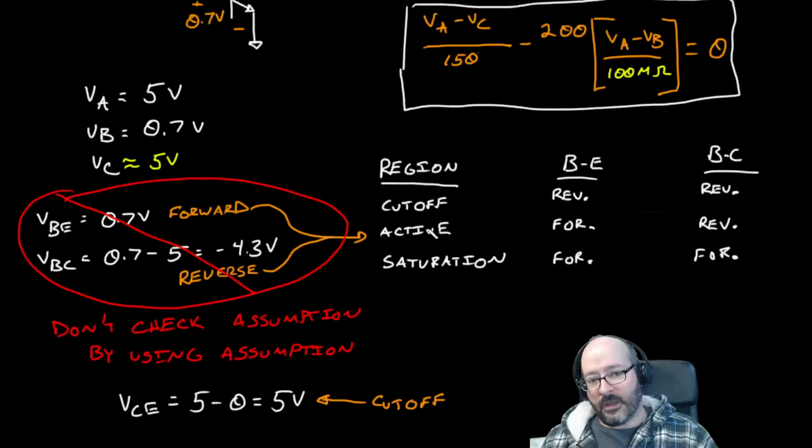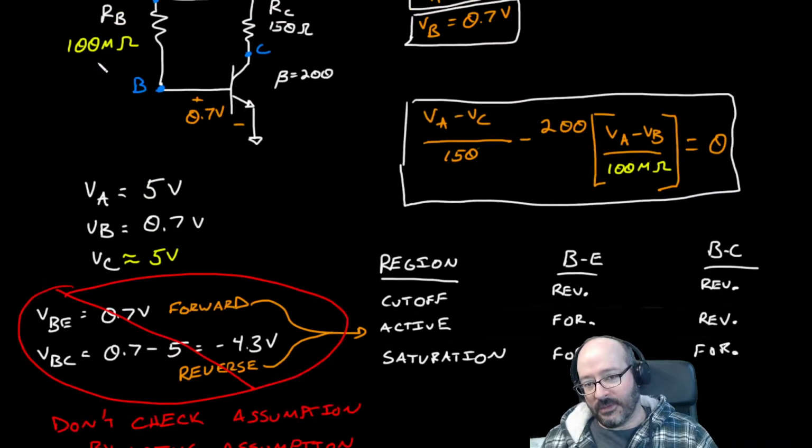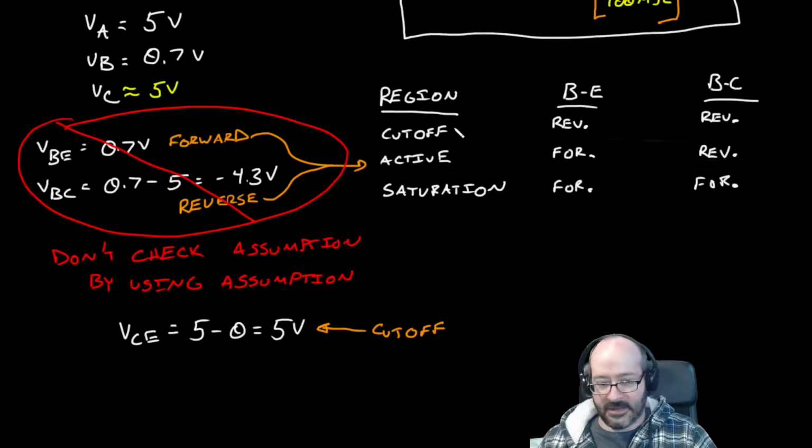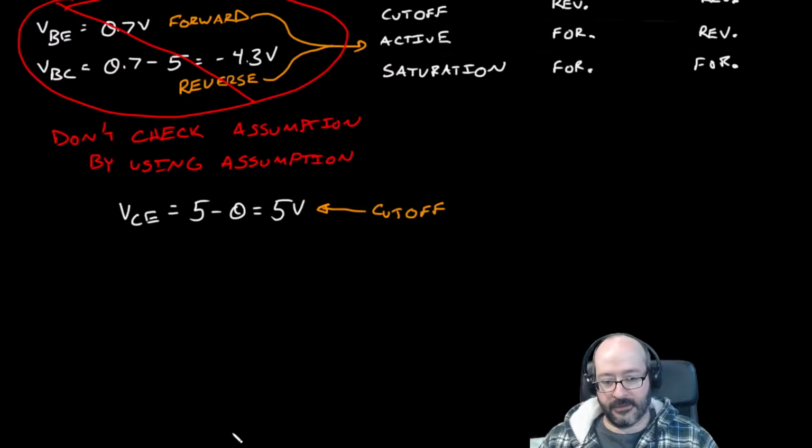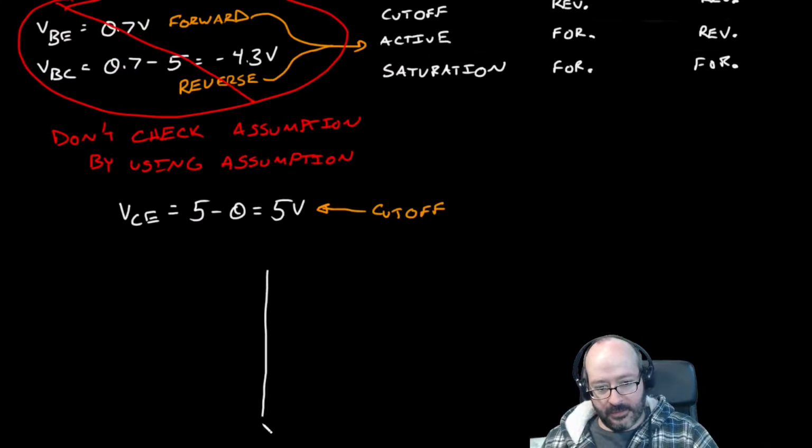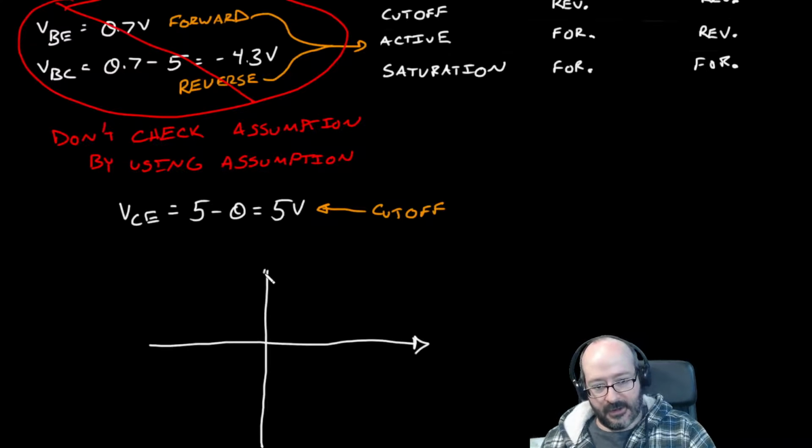What's going on with that BE junction is we've increased this resistance so much that the diode is no longer forward biased. We would really have to look at the current to find this out. We have our diode VI characteristic here. So this is the voltage, this is the current through the diode.